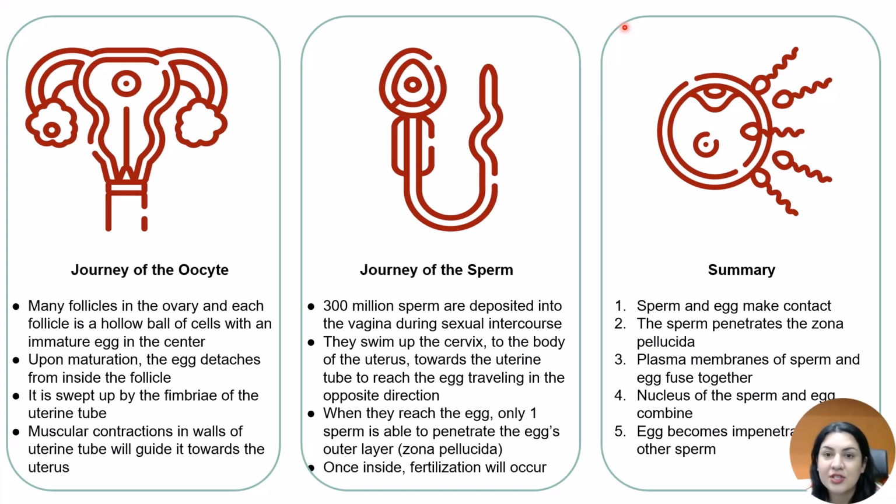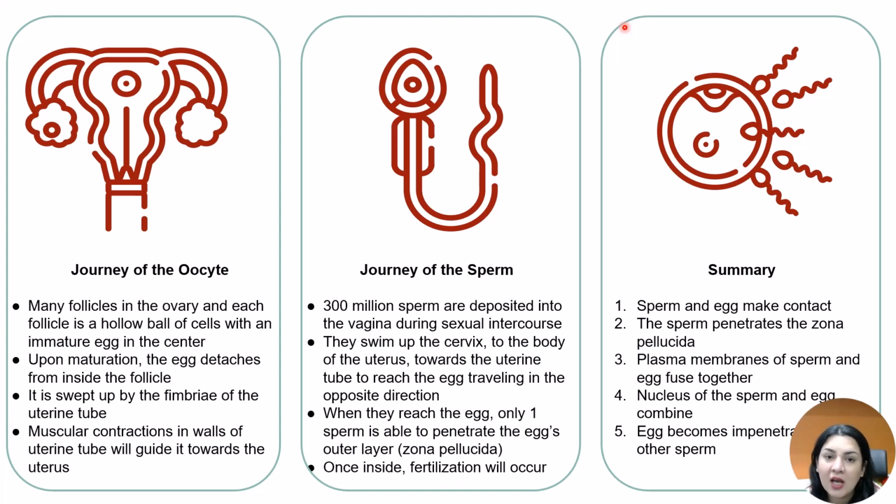Now, when the sperm reaches the zona pellucida, they basically attach to these specialized receptors that exist on the surface of the zona pellucida, which will in turn trigger what is known as an acrosomal reaction. Again, we won't get too much in detail of what an acrosomal reaction is, but it's this acrosomal reaction that essentially enables the sperm to really burrow its way in and push its way further in so that it can be on the inside of the zona pellucida.